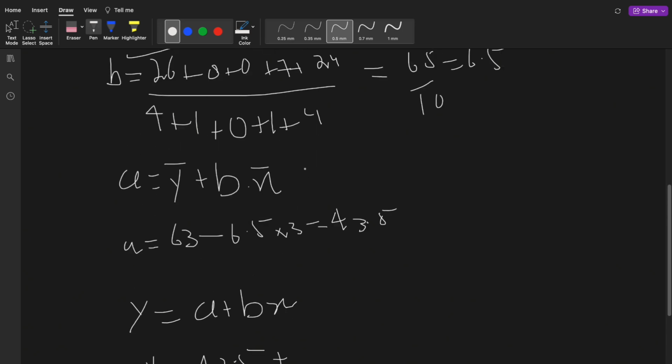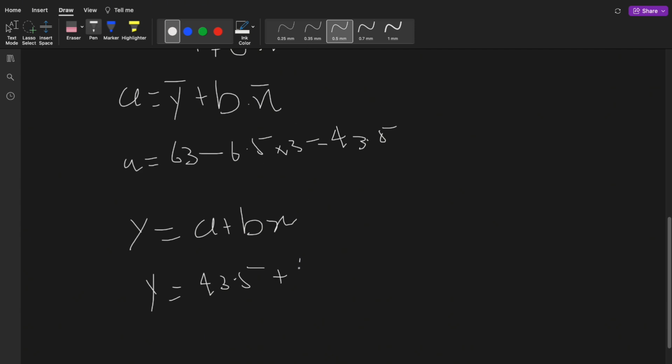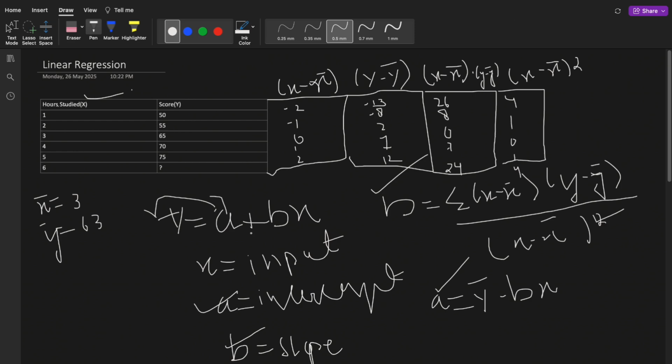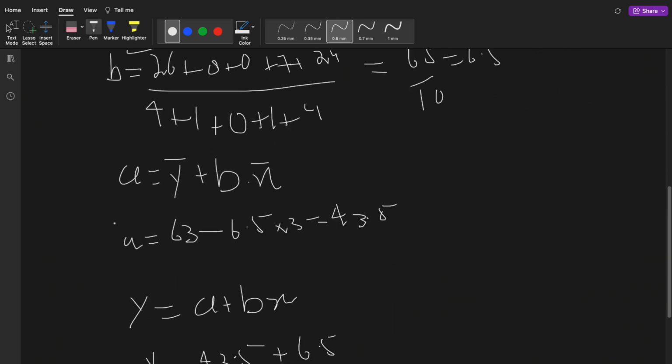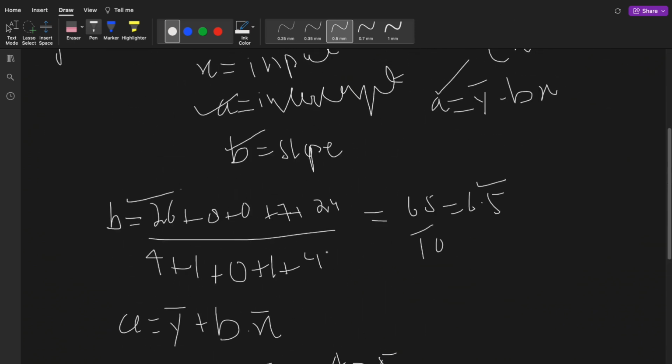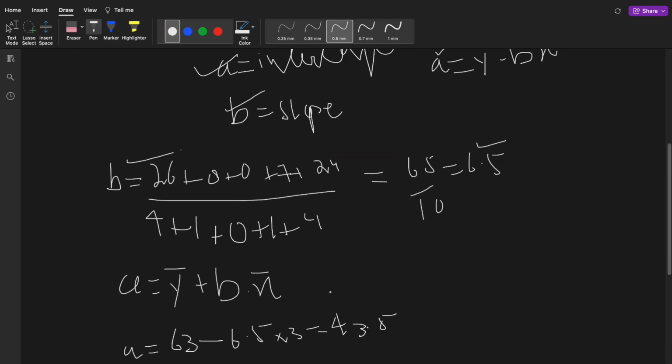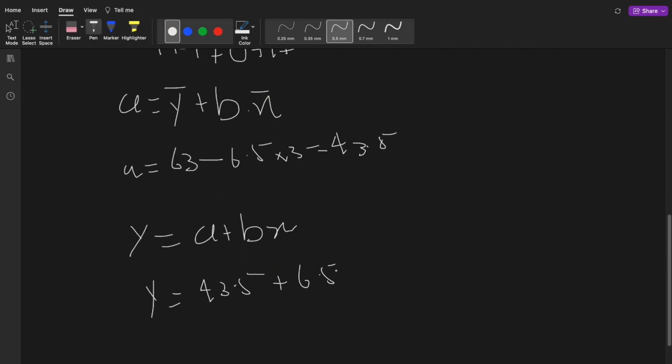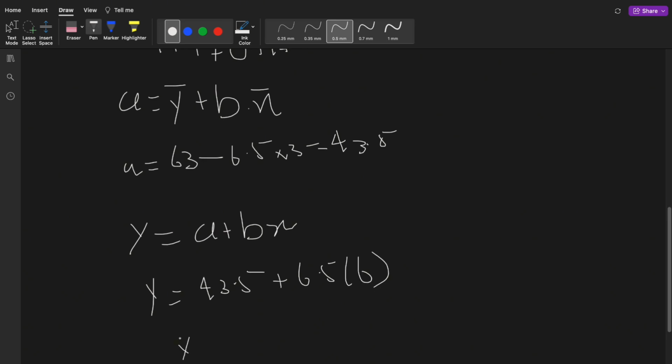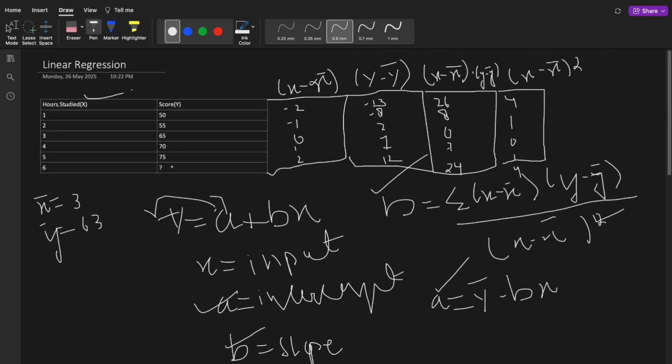B was 6.5, and then we want the prediction of 6. What will be the score? So if you put here 6.5 and then multiply with 6, so y prediction is equal to 82.5. So here it will be 82.5.